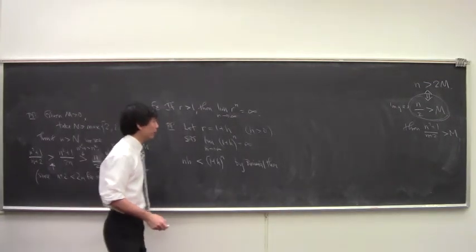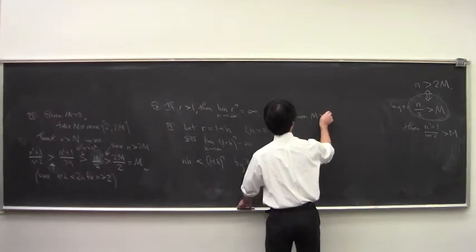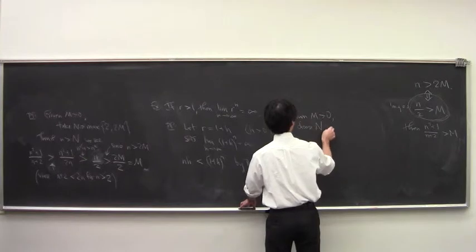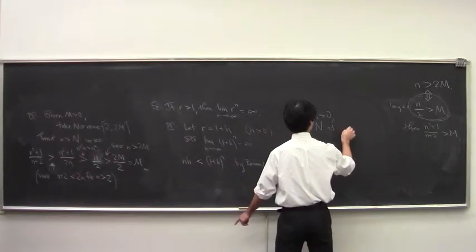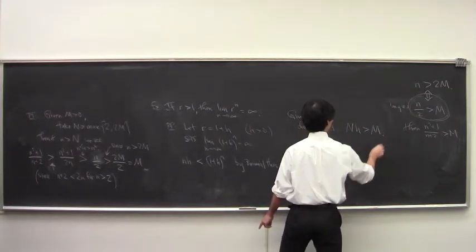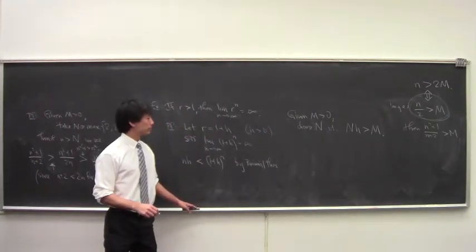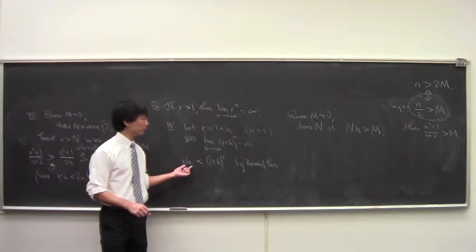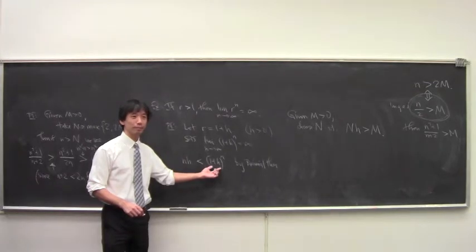Okay. So then that'll basically do it for us. Given any m, choose n such that n times h exceeds m. Right? Because if nh exceeds m, then certainly 1 plus h to the n exceeds m.